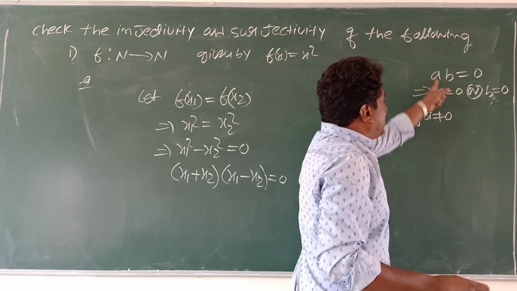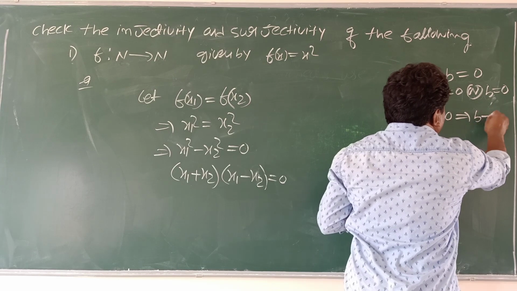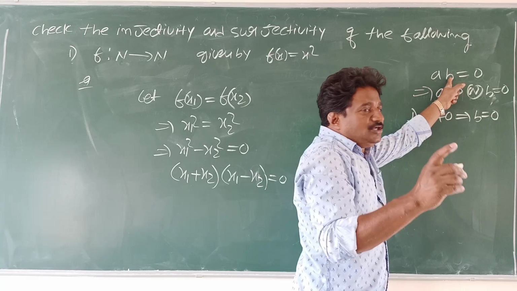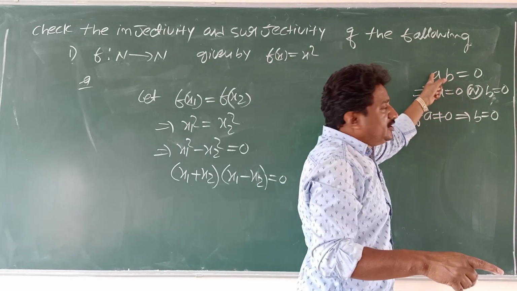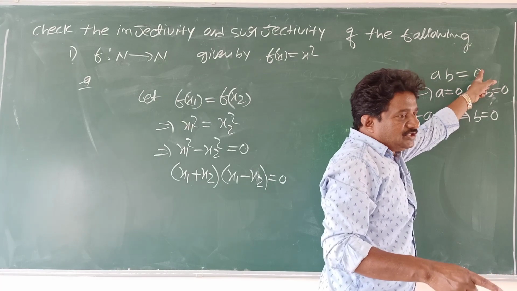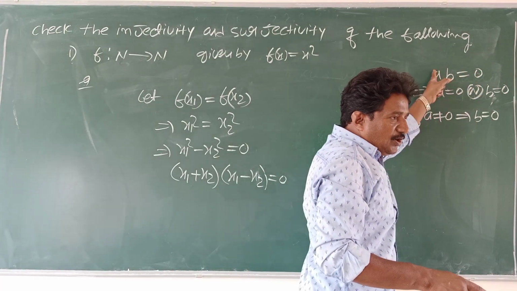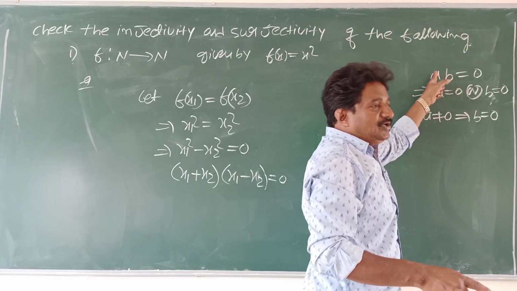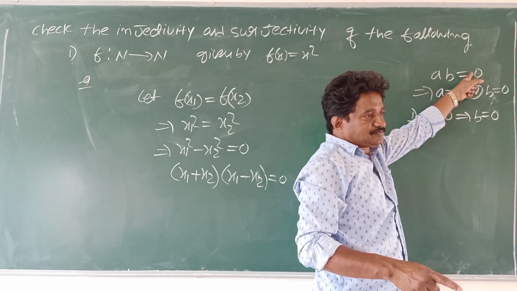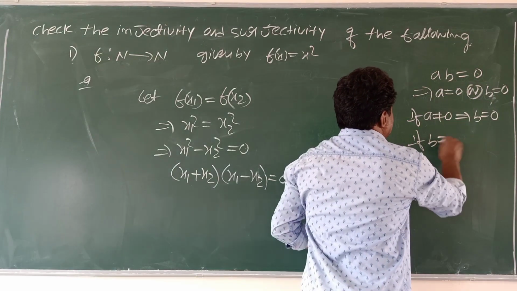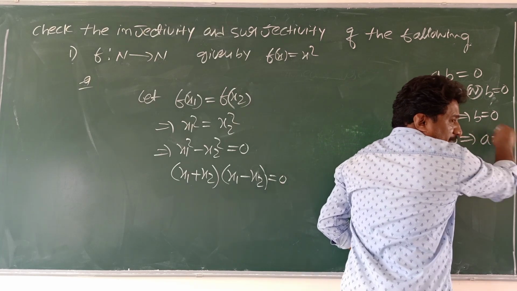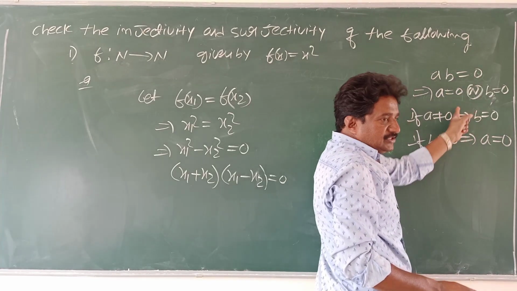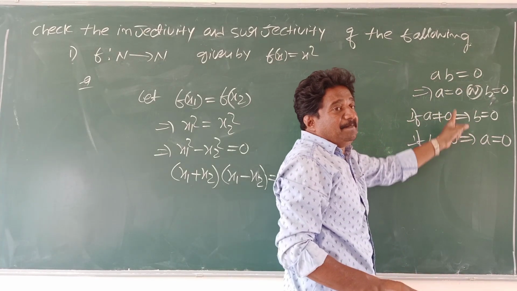If A does not become 0, that implies B must be 0, because 0 into any non-zero number becomes 0. If B is not equal to 0, that implies A must be 0. To make this product 0, these conditions must happen. Observe, learn basics of maths.